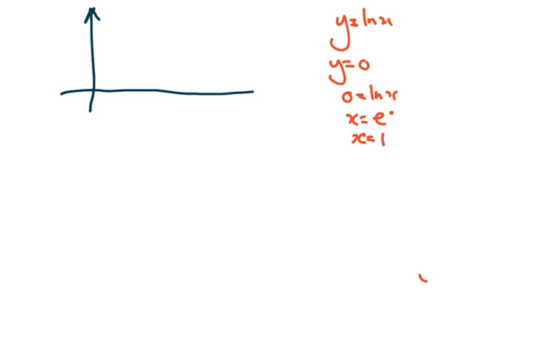So x equals 1, so it has to go through 1. Most of your marking schemes say very clearly that whenever you draw a ln x graph, it has to go through 1. If it doesn't go through 1, then it is deemed wrong.